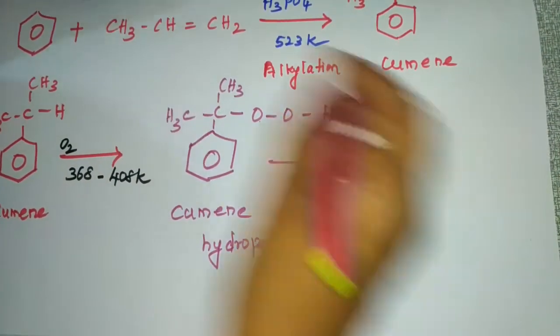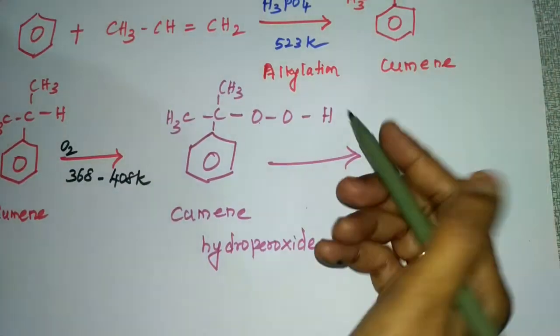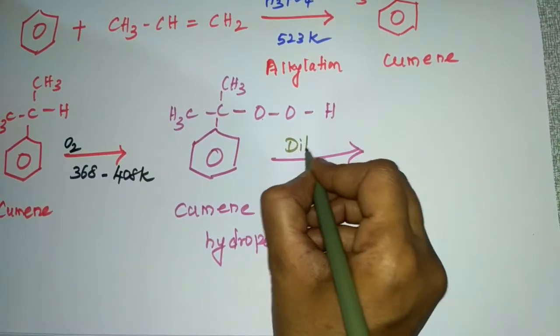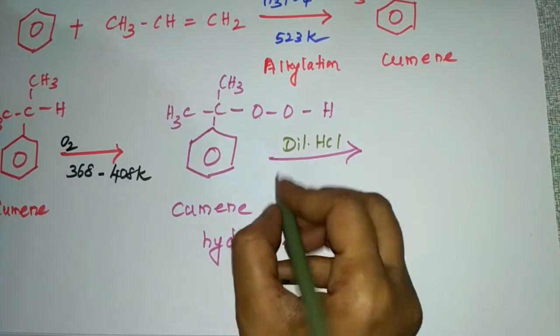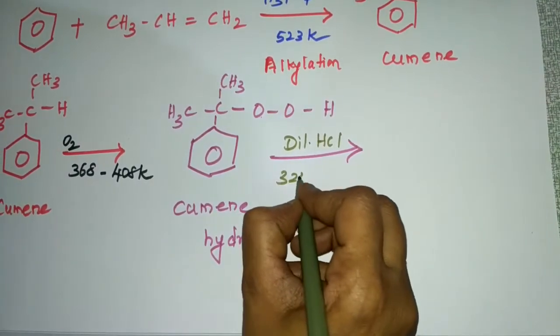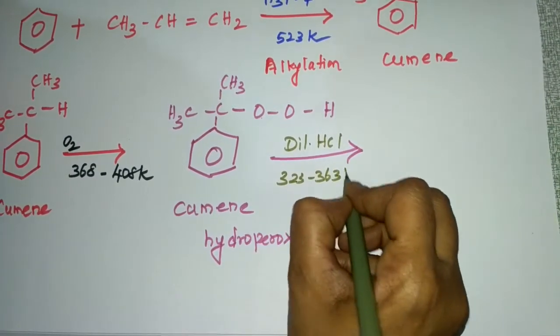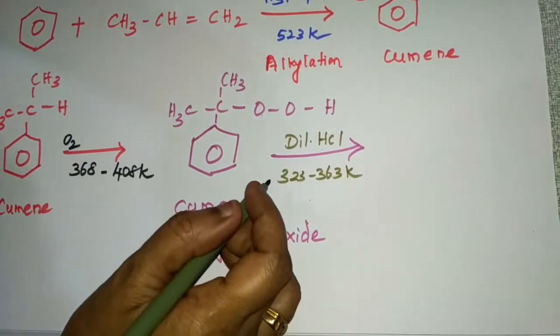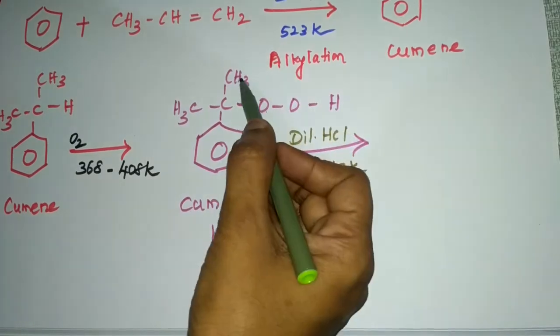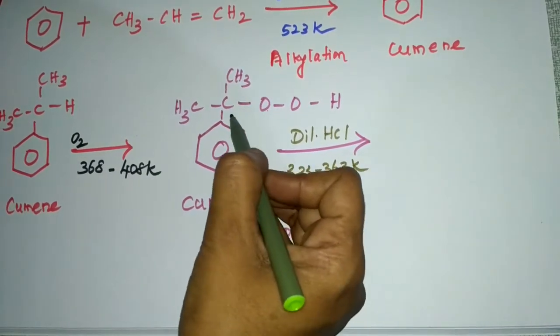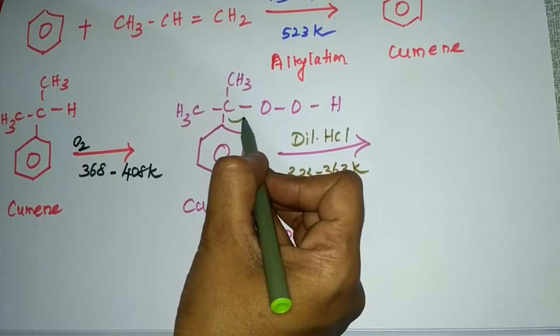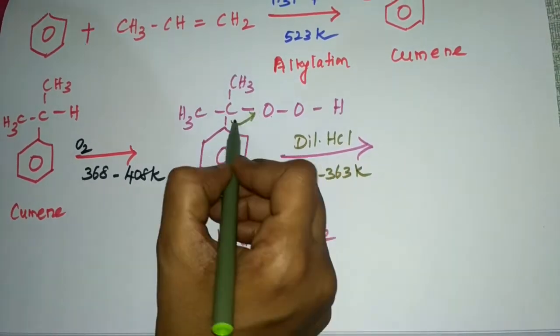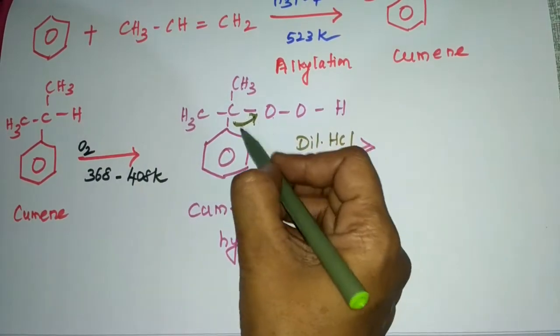After that, you have to add dilute HCl, and the temperature should be 323 to 363 Kelvin. In this, what happens? Here the electrons will get transferred.